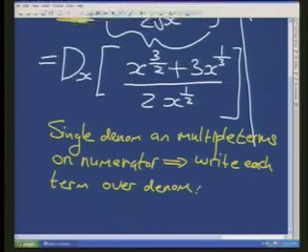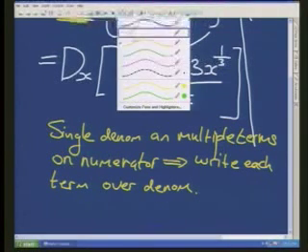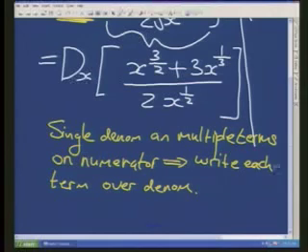Hope you can read that yellow over there. And that's exactly what we're going to do in this case. We're going to take each of these terms and we're going to write them over that denominator.